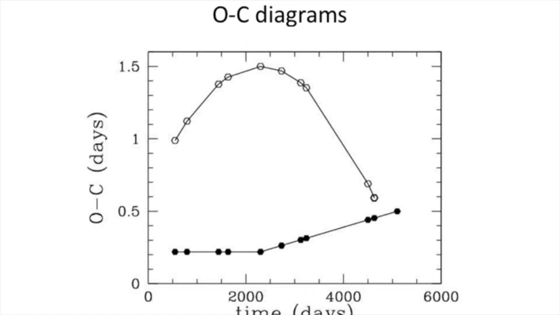If you get a nice turnover like the top one, it's a decrease in period. A turn up like the bottom O minus C diagram, the black one, is an increase in period. And if the period is changing slowly over time at a constant rate, and the period change rate is small compared to the period, your O minus C diagram should look rather like a parabola.